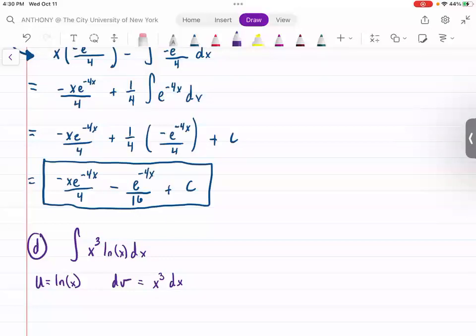The derivative of ln of x is 1/x, so we say du is 1/x dx. And what is the antiderivative of x to the third? X to the fourth over 4.